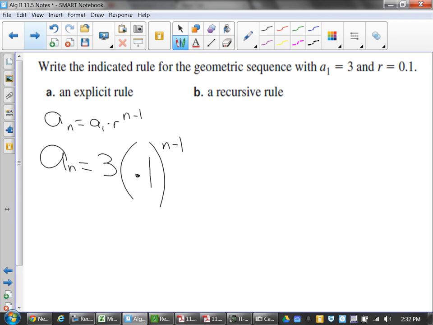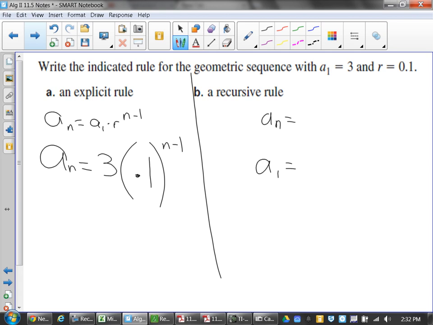The recursive rule, we follow the same step. We still got to write down what our first term is and what we start out with, a sub n. So the recursive here with geometric, same thing, a sub 1, a sub n.